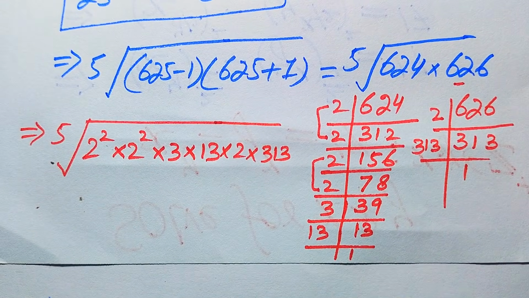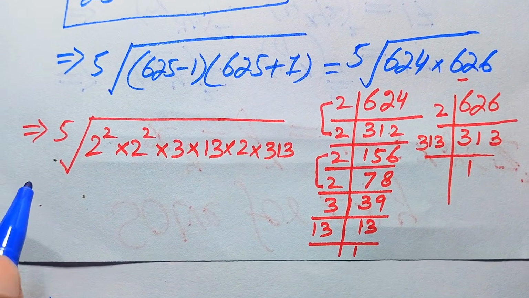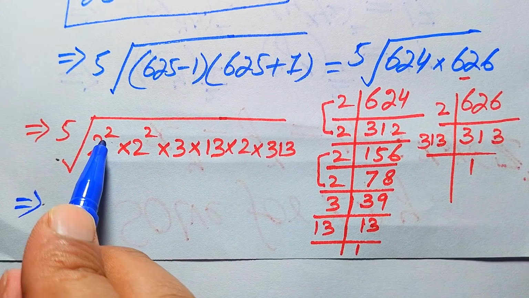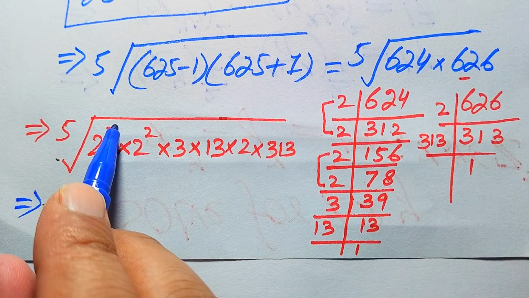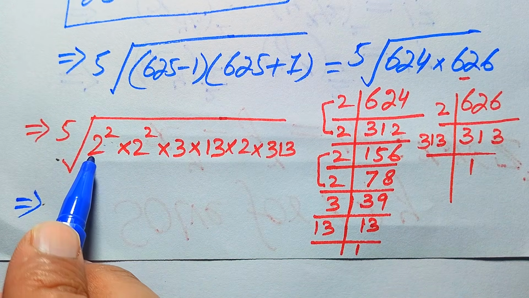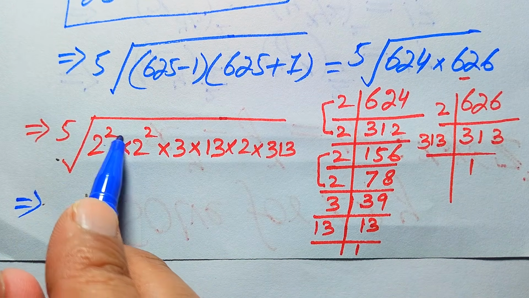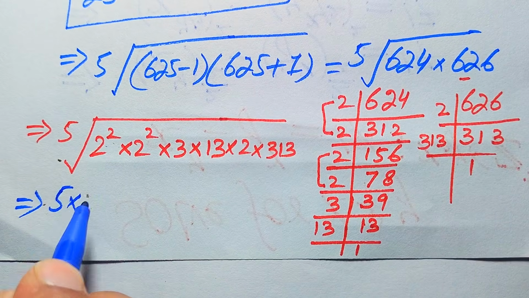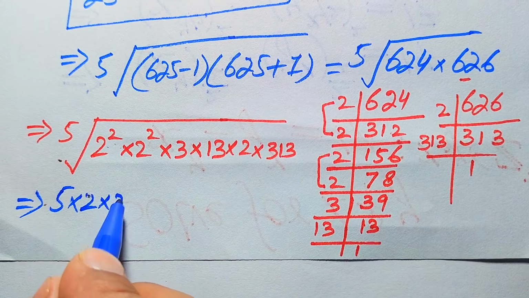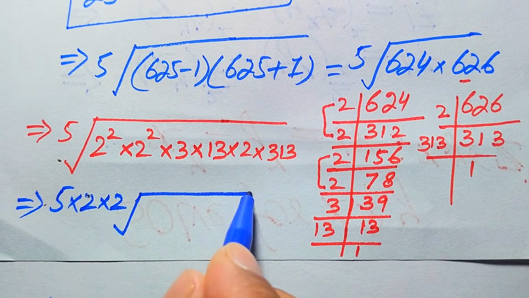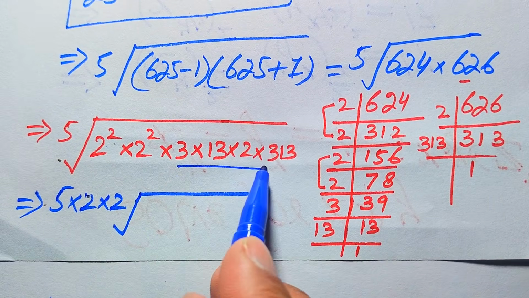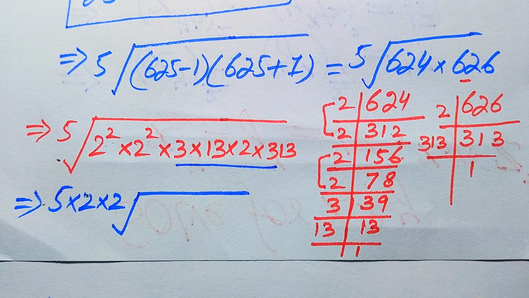Okay, so here we need more simplifications, and now you see that the 2 square and the square root are cancelled out by each other. These 2 square and 2 square, when we move outside the square root sign, it becomes here 5 multiplied by 2 multiplied by 2, and the remaining values are these 4 values. So we need to multiply these 4 values here.